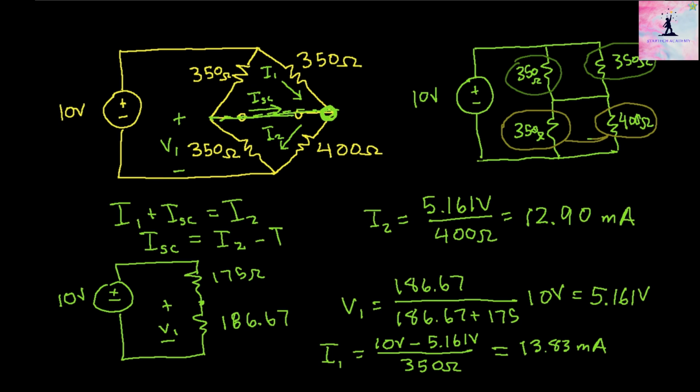minus I1, which gives me 12.9 milliamps minus 13.83 milliamps, which, when I work this out, is minus 0.93 milliamps.